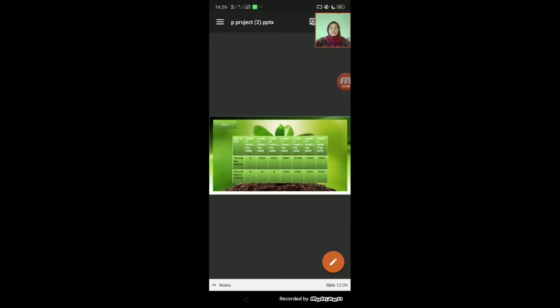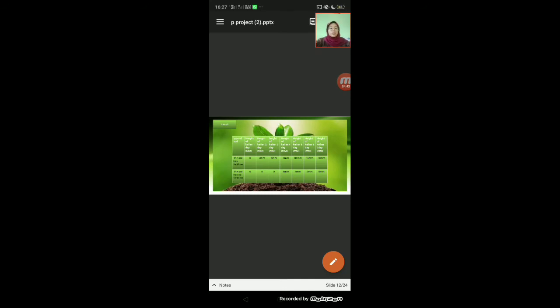As you can see from the result, we did an experiment on kailan to see how it grows using liquid chemical fertilizer with Nitrobacter and nitrogen. We divided it into two parts: the first vase contains soil that has been fertilized, and the second contains soil with no fertilizer.